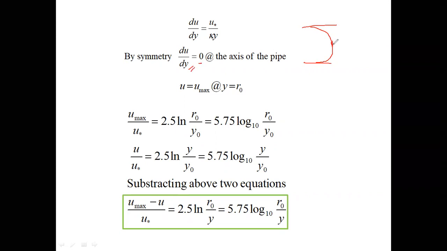There is no gradient. That means we can find the maximum velocity at the center line at y equals r naught. At y equals r naught, u equals u max.